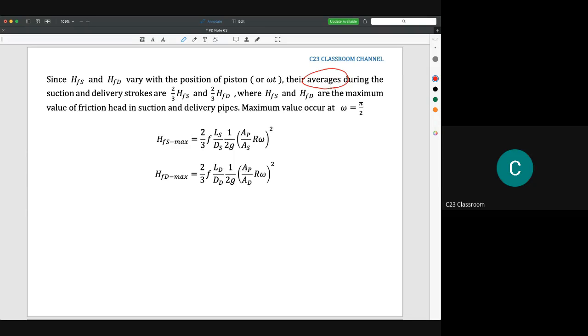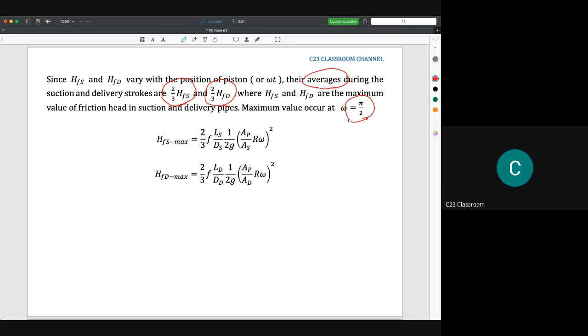The equation for the average friction is 2 over 3 of the friction head for suction, and also 2 over 3 of the friction head for delivery. It is okay to do this because this calculation is based on the maximum value of sine omega t, which occurs at pi over 2.